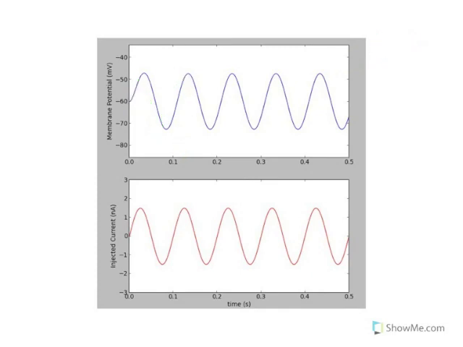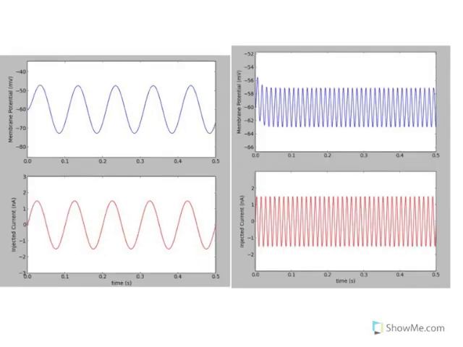Now let's look at what happens when we inject a sinusoidal current at a higher frequency. This is the previous example simulation that I was showing you, and now I've given you a second example where I've increased the frequency of this input many-fold. What I want you to realize is that for a higher frequency input, the amplitude of this sine wave is much less.